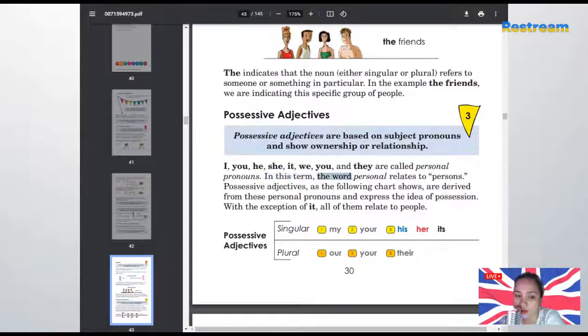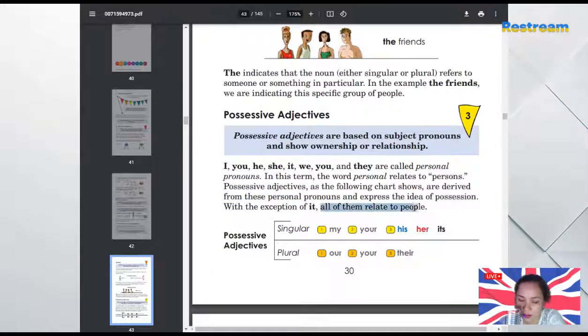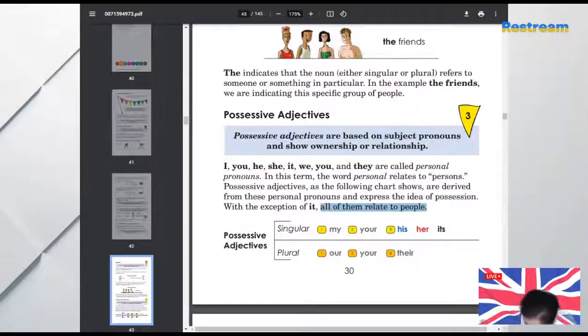In this term, the word personal relates to persons. Possessive adjectives, as the following chart shows, are derived from these personal pronouns and express the idea of possession. With the exception of it, all of them are relatable to people.